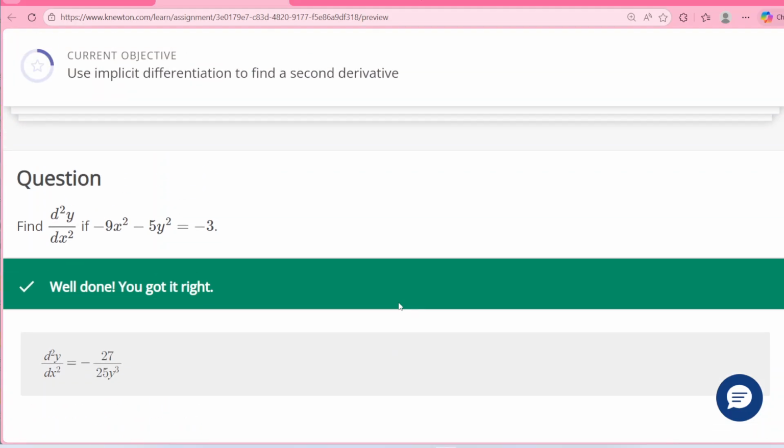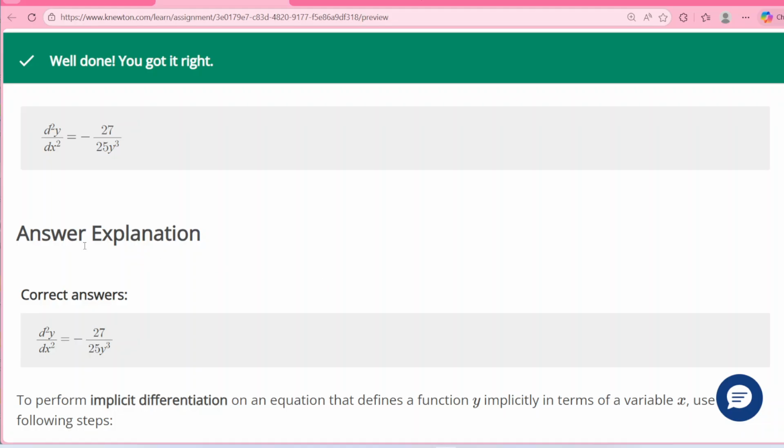Now, after you submit an answer, it's going to tell you that you're correct or incorrect and give you some sort of answer explanation. I would highly recommend that you read through the answer explanations. Whether you got it right or wrong, if you got it correct, still glance through them.